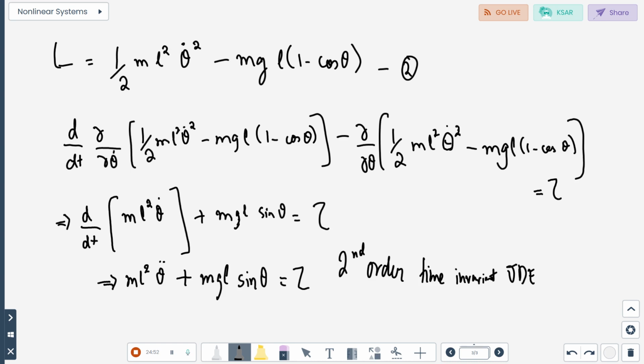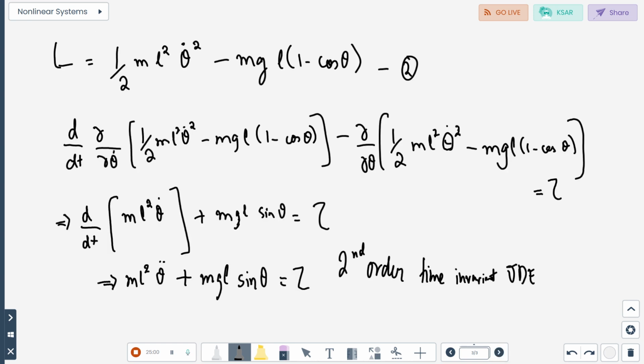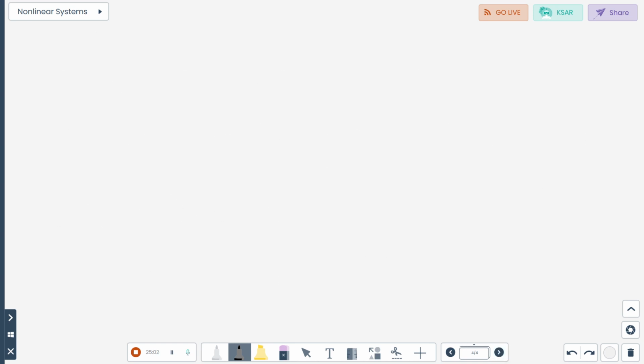Now since what we have assumed here is that x1 is equal to theta and x2 equal to theta dot, therefore x1 dot is equal to, you can say that is directly x2, and x2 dot is equal to what?